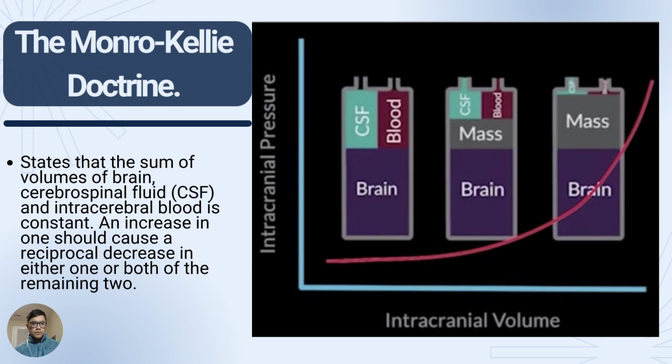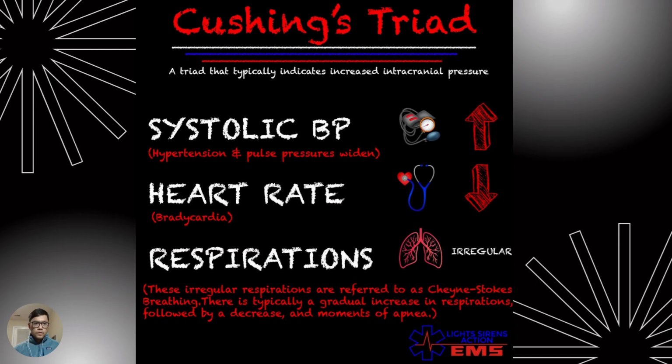And this Monro-Kellie doctrine has something to do with the Cushing's triad. Cushing's triad are hypertension with widened pulse pressure, bradycardia, and irregular respiration.